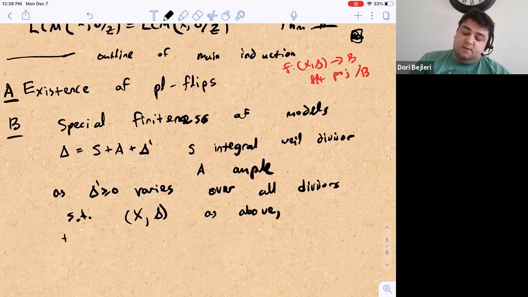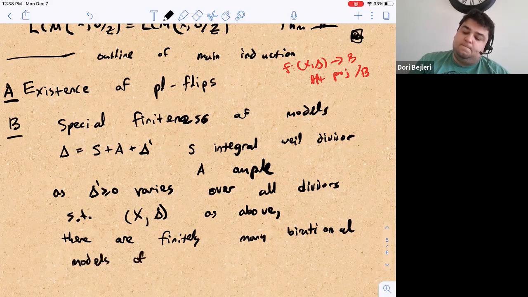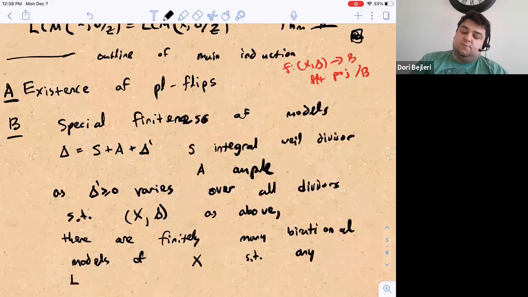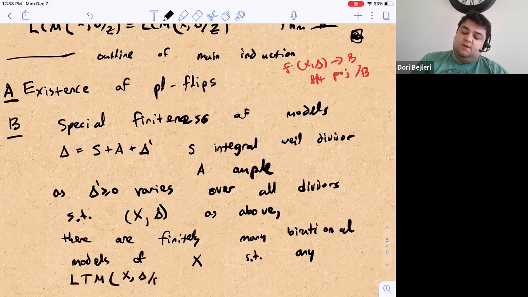Then there are finitely many birational models of X such that any log terminal model of (X, Δ) over B, as Δ is varying, is isomorphic to one of our finitely many, in a neighborhood of S. So again, we're studying all the models in this polytope of all possible Δ satisfying this condition.